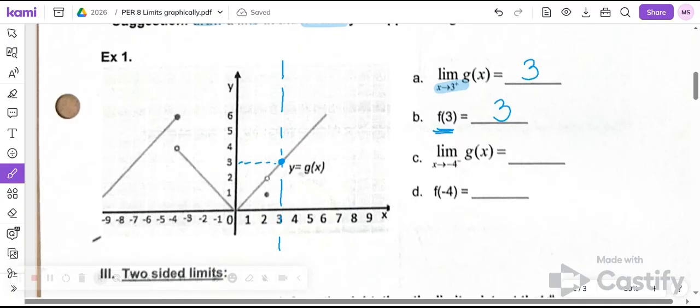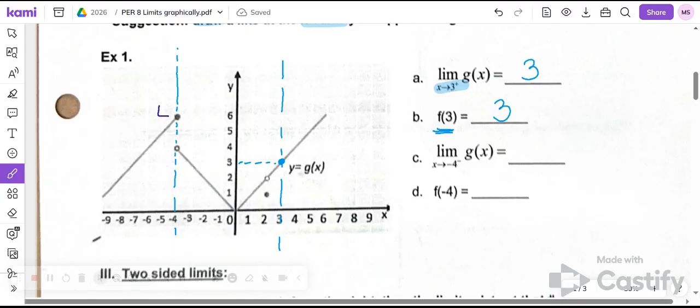What happens when you go to -4, though? What do you guys notice? The 2 dots. All right, so let's draw a vertical line here. Now you notice you have how many dots? 2. One is open and one is closed. The closed one, the piece of the graph that's connected to it, is it on the left of the blue line or the right?